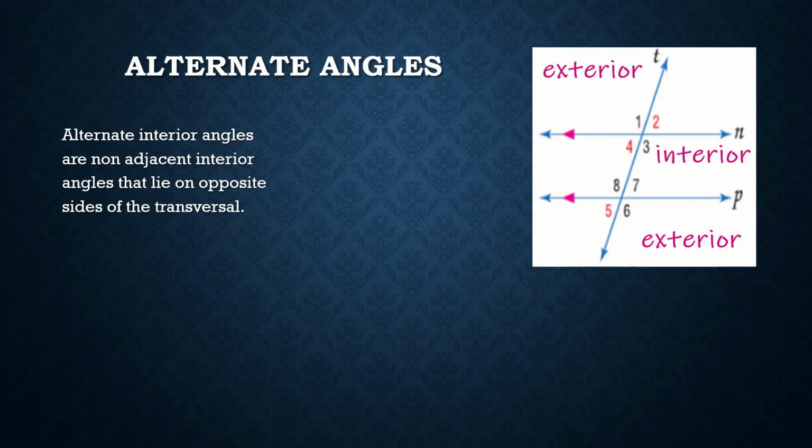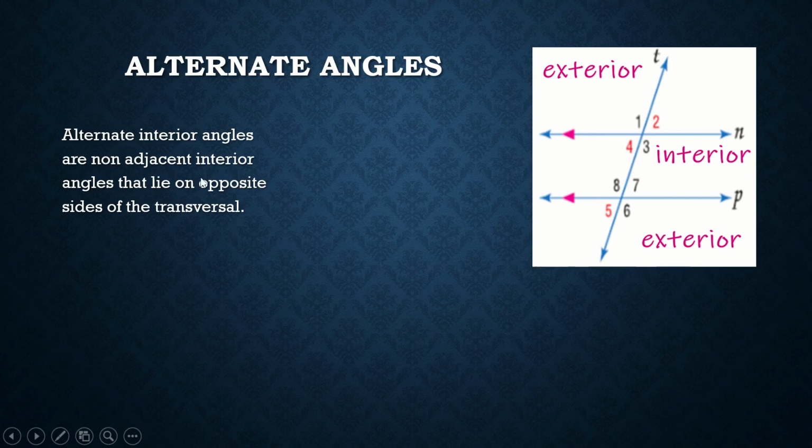Alternate interior angles are non-adjacent interior angles that lie on opposite sides of the transversal. Angle 3 and angle 4 are on opposite sides of the transversal. However, they are adjacent to each other.